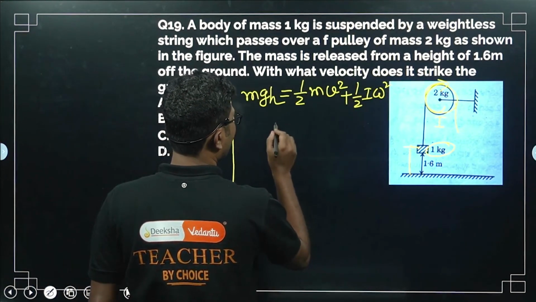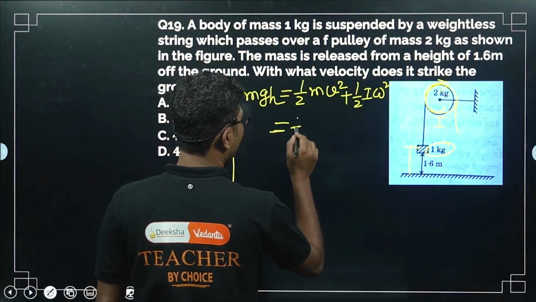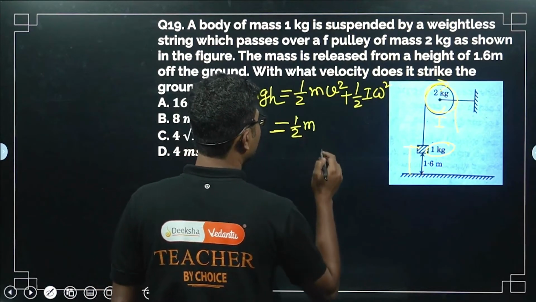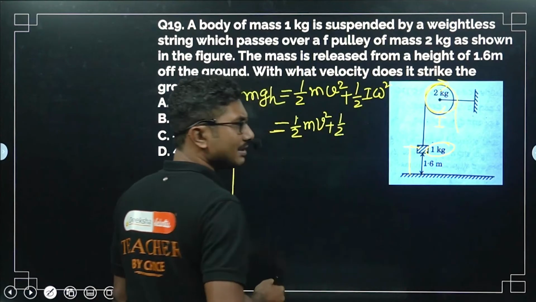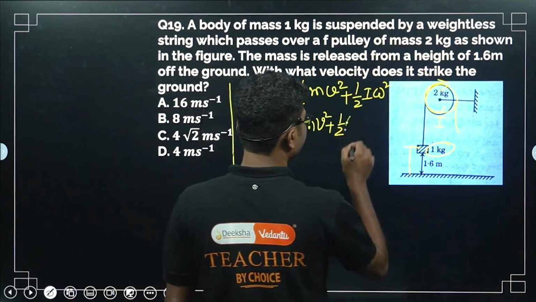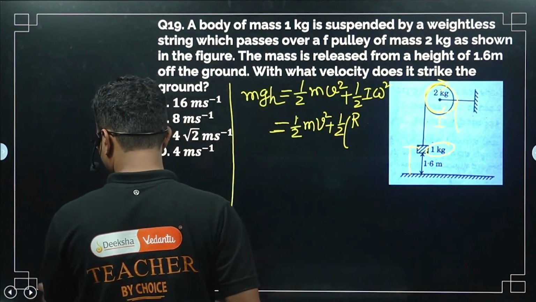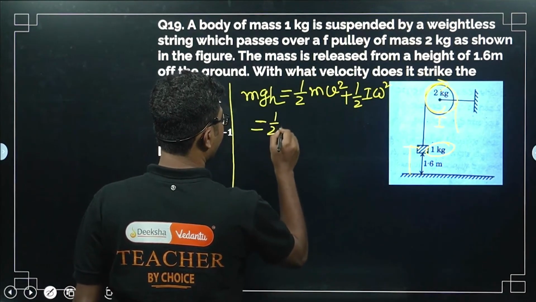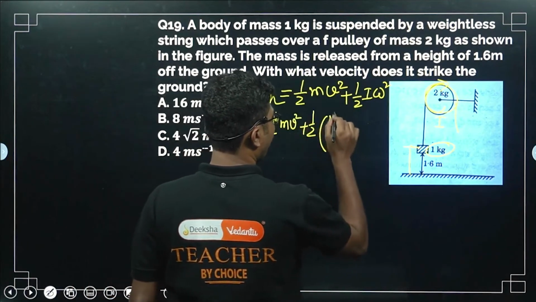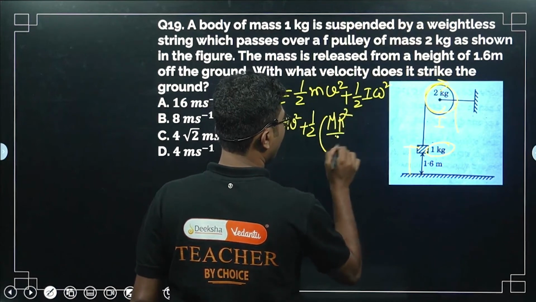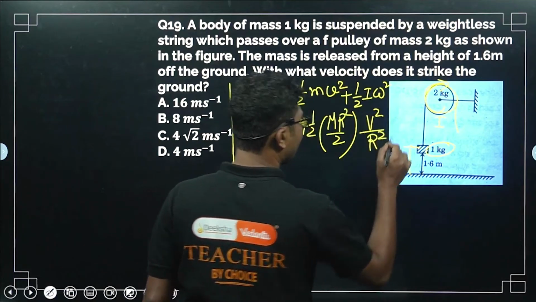Now you can put the values of I and omega. Do not use the value of mgh yet. So half mv square plus half I, where I for a circular disc is m r square by 2, or half m r square. And omega is v by r, so omega square will be v square by r square, right?